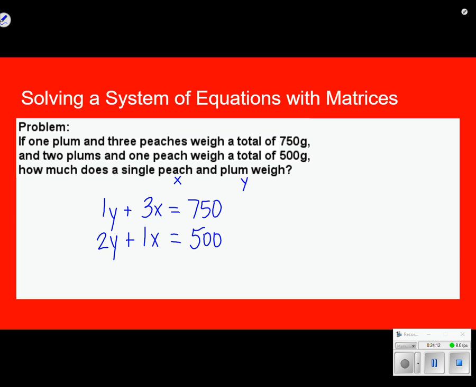But we can translate this into a matrix. Now, usually I like to run my x's before my y's, but it doesn't matter in this case. We can create a matrix that says 1, 3, 750, 2, 1, 500, and do a system of equations on this matrix where we can modify it and actually be able to tell what each value is.